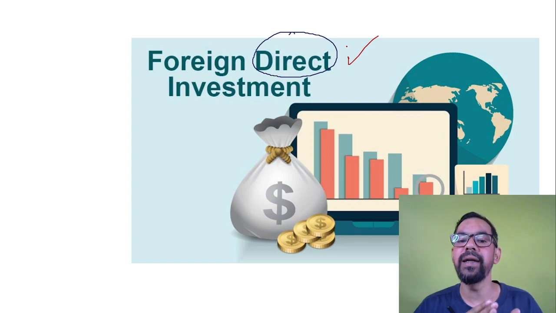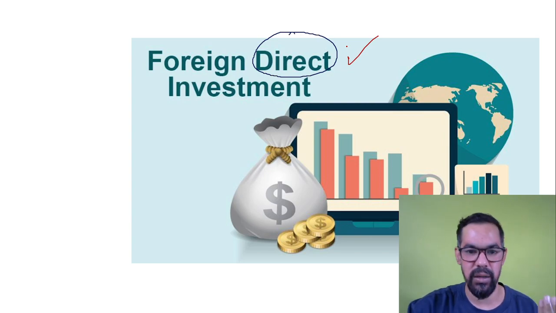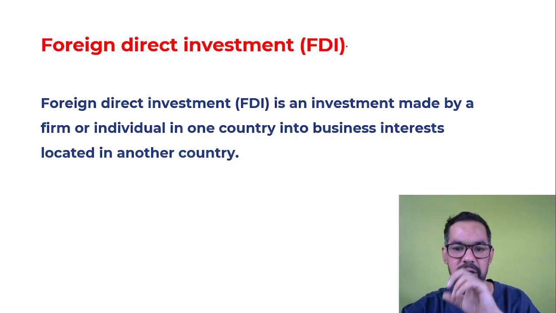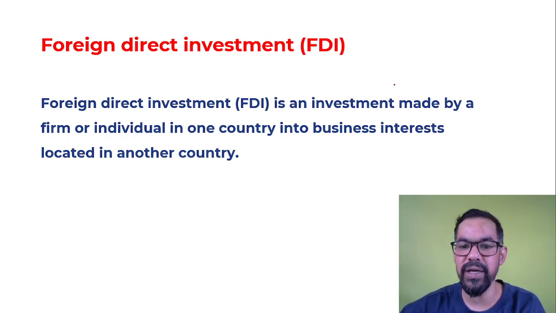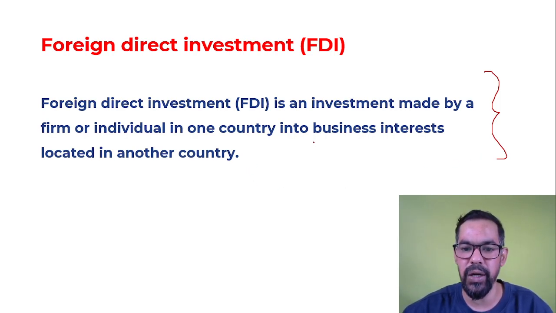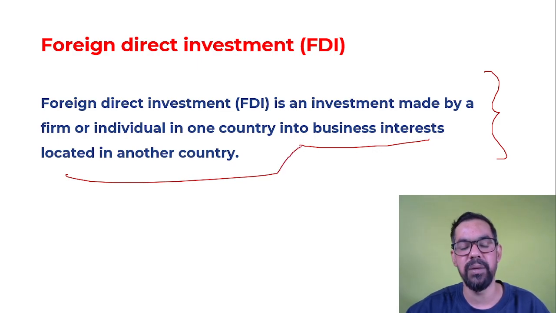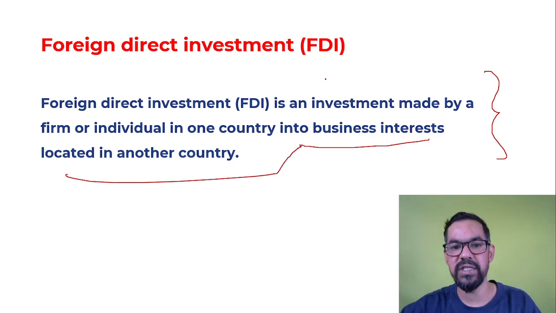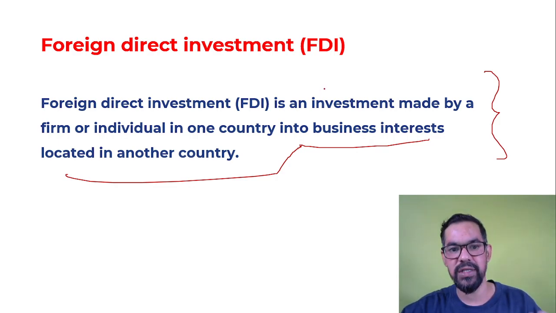I also gave you the example of IKEA and other companies. In case of foreign direct investment, they do have that involvement. Foreign direct investment is an investment made by a firm or individual in one country into business interests located in another country. As in the example of Elon, he invested in the Indian market, in the car manufacturing segment.